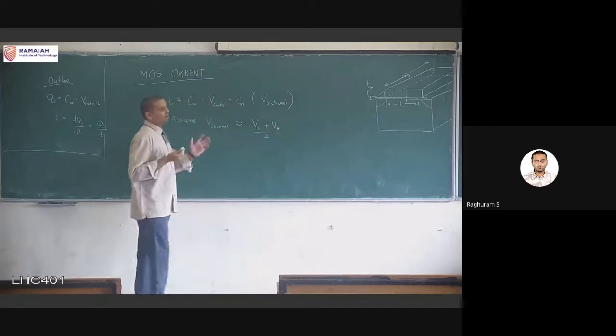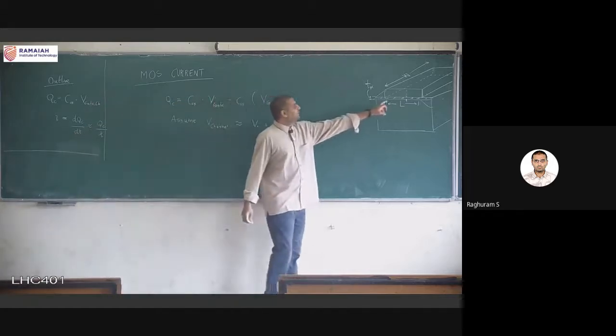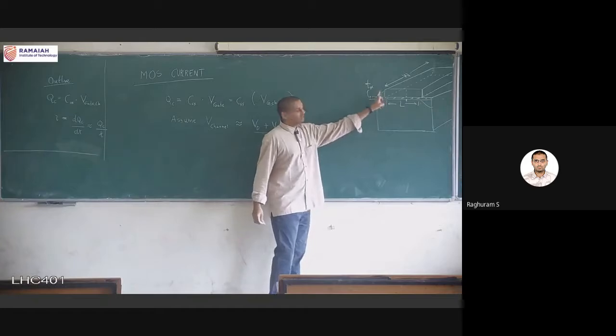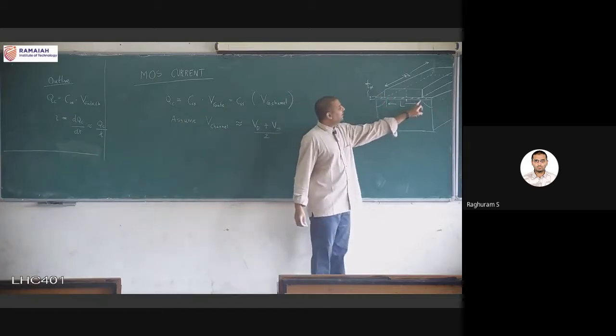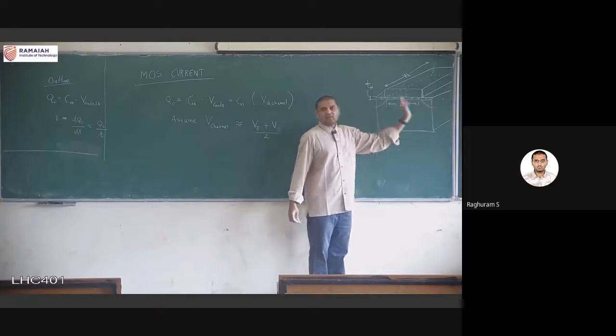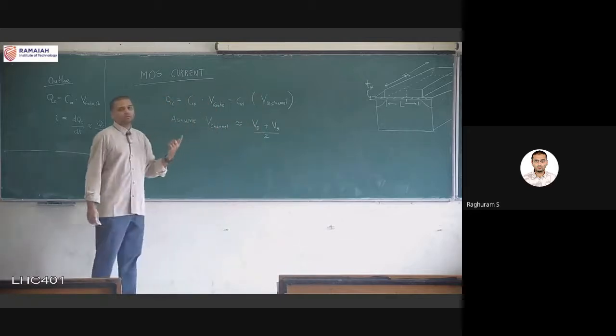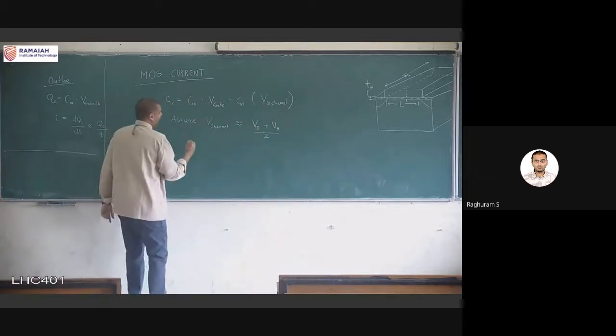That is the average. On this side, the channel will be exactly at Vs because it is touching the source side. On this side, the channel voltage V channel will be exactly equal to Vd. Somewhere in between, we make a simple assumption that it is the average of those two. Now, therefore, I can rewrite this.